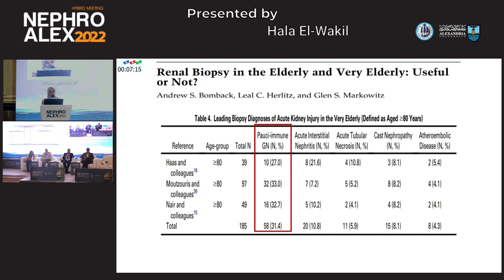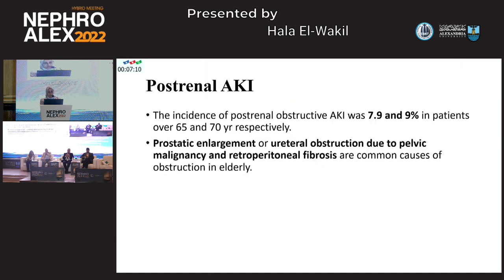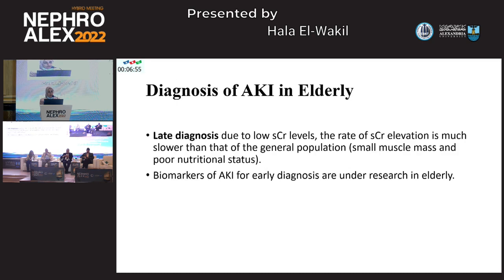This is as regards biopsied AKI, not all causes of AKI in elderly. For the post-renal, the incidence reached up to 9%, and prostatic enlargement and ureteral obstruction due to pelvic malignancy and retroperitoneal fibrosis are among the main causes.